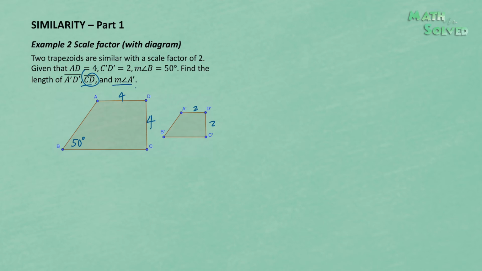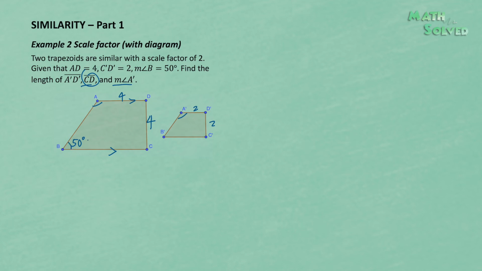We want to find the measure of angle A prime. We are given that angle B is 50 degrees, and A prime is definitely not corresponding to B. But since they are trapezoids, AD is parallel to BC, and angle A and angle B are same side interior angles.